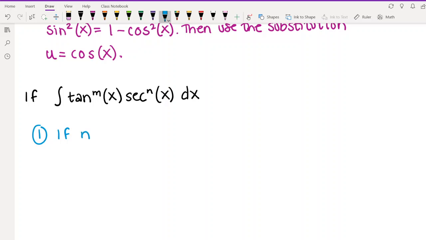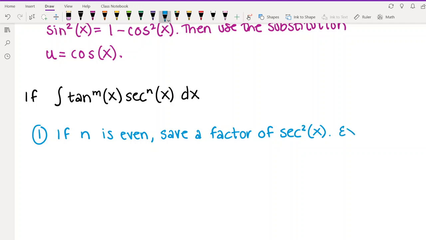So if n is even, then we're going to do basically what we just did. We're going to save a factor of secant squared. And so if you pull aside that secant squared, if n is even, you're still left with an even number of secants. And that's what you need, because you need to be able to express it as secant squared to a power.